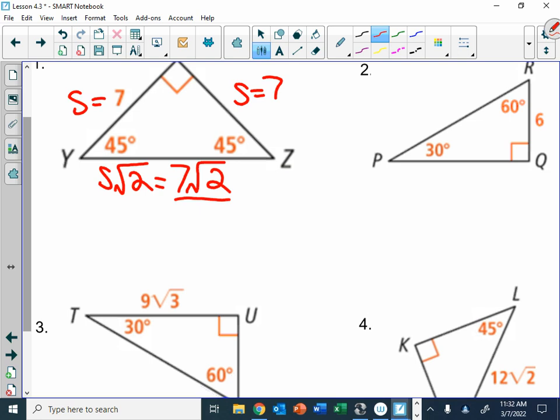What angle is that 6 across from? 30. So that 6 is on the shortest leg. If you go back and look at your picture, what did we label the leg that's across from 30 degrees? S. So 6 is S.